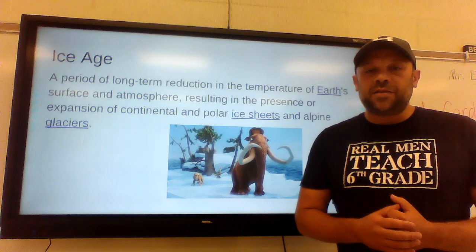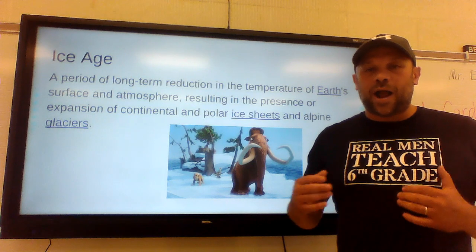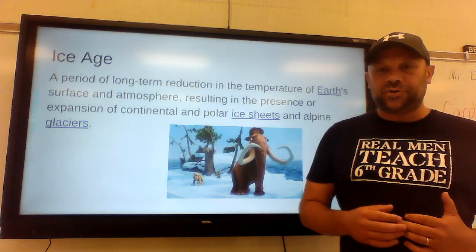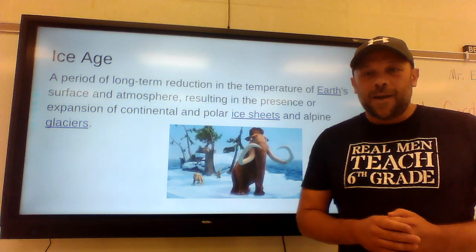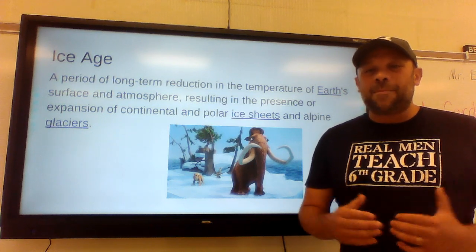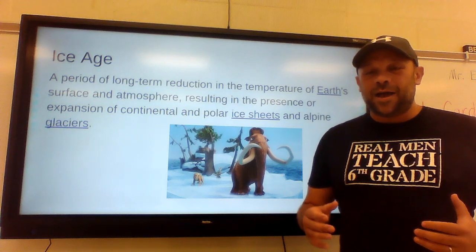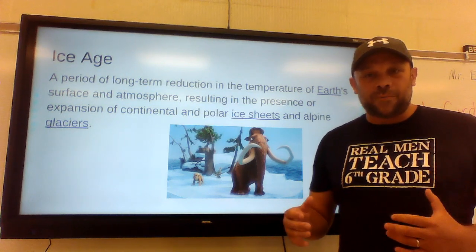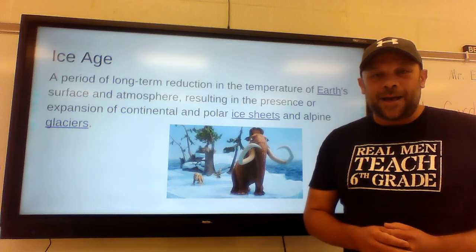It resulted in the presence or expansion of continental and polar ice sheets and alpine glaciers. There was more snow and ice during the Ice Age, but it did not mean that everything was covered in ice. There were parts of the globe which were colder, but they were not frozen like people tend to think.